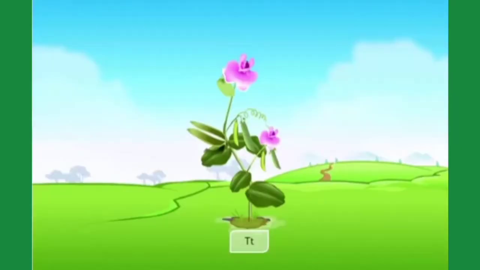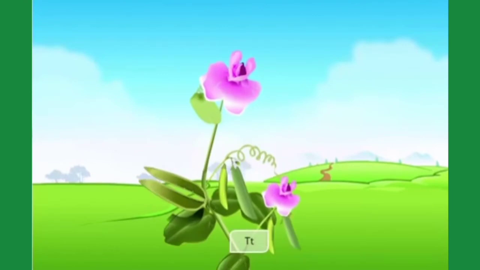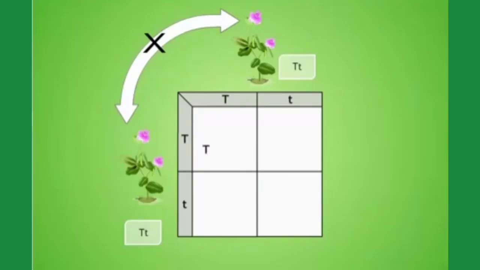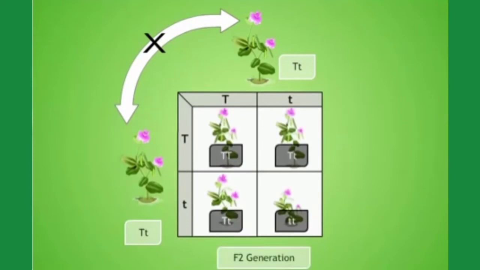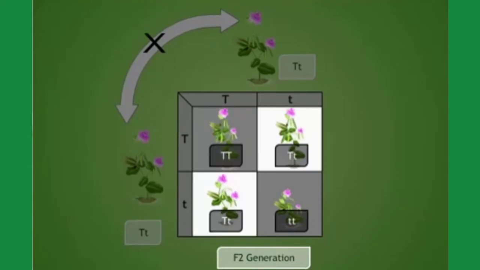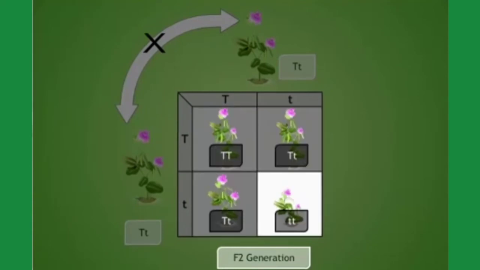Next, Mendel allowed the F1 tall plants of genotype Tt to self-pollinate. As a result of random fertilization, the resultant zygote can be of genotype TT, Tt, and tt. Interestingly enough, the second generation or F2 progeny were not all tall.